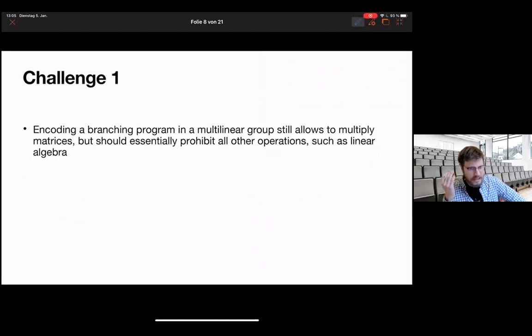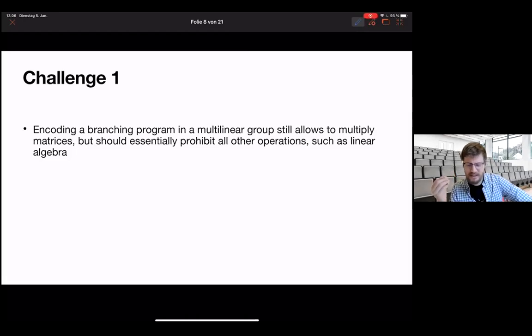So the first idea on how to prevent an adversary from doing these partial evaluations is to just take the branching program and encode it in the multilinear group.